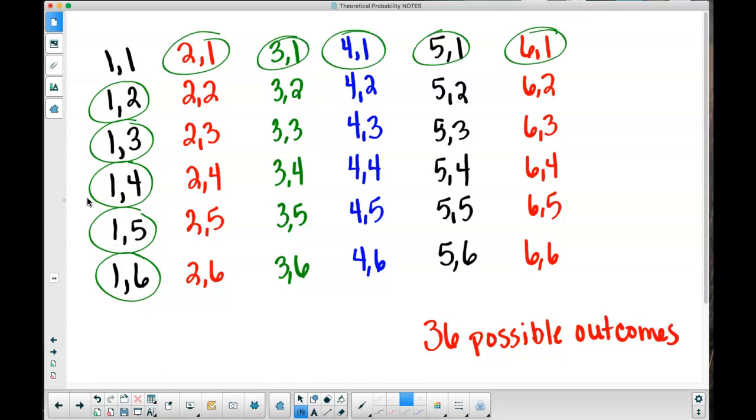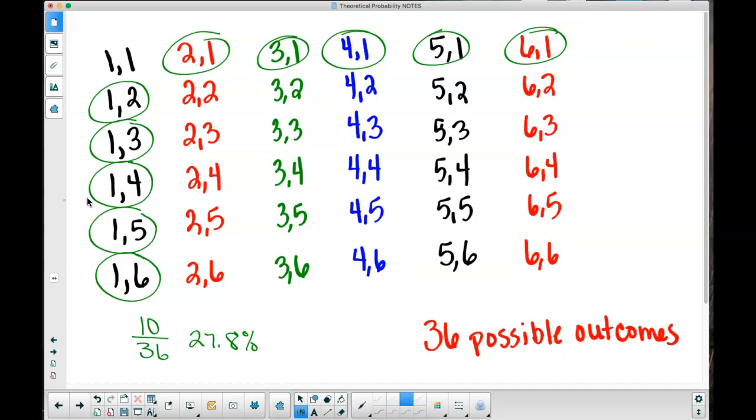So 10 out of 36. Agreed with that? 10 out of 36. That is 27.8%.